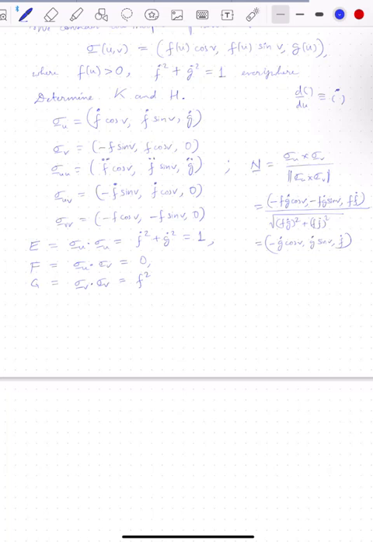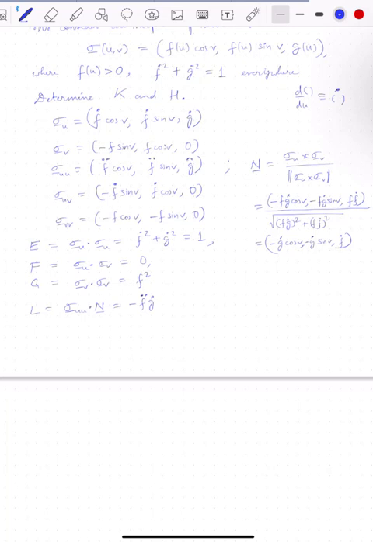right? So now L is equal to sigma uu dot n vector, and sigma uu dot n vector happens to be, this also has a minus here. Sigma uu dot n happens to be minus f double dot g dot cosine square v, and then minus f double dot g dot sine square v.